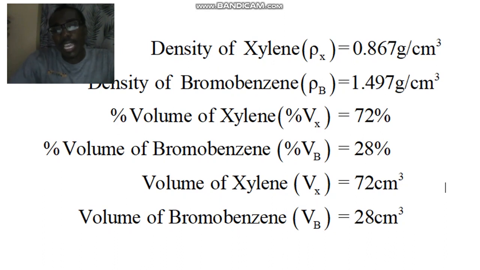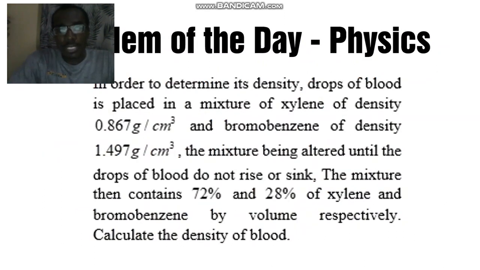From the question, there was a continuous alteration of the proportion by volume of bromobenzene and xylene being added together, and it was realized that at a certain point, when 72% volume of xylene and 28% volume of bromobenzene were present, the blood wouldn't rise nor sink.